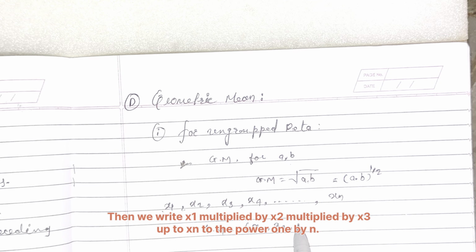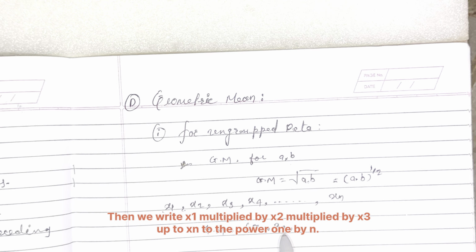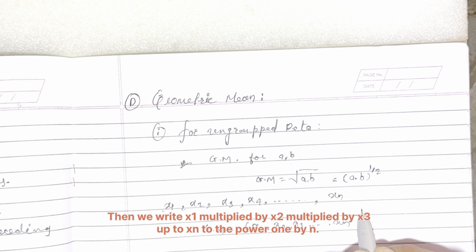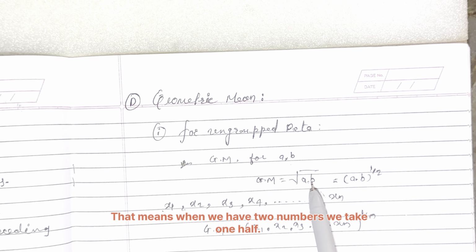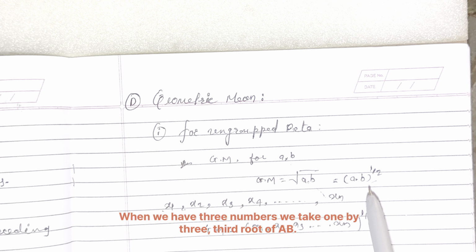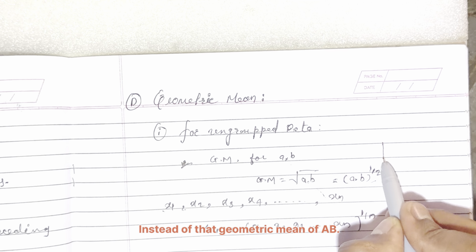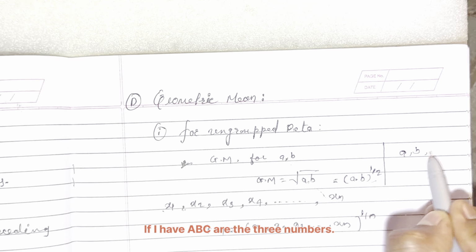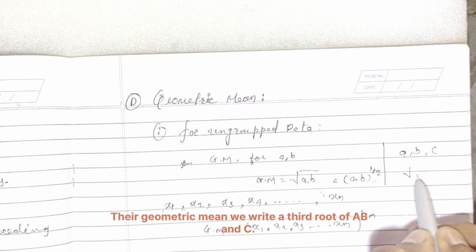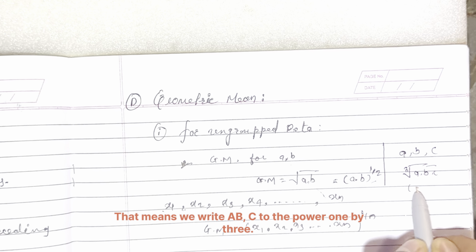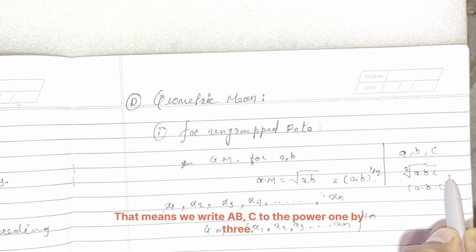We write x1 multiplied by x2, multiplied by x3, up to xn, to the power 1 by n. That means when we have two numbers, we take 1/2. When we have three numbers, we take 1 by 3, the third root. So if A, B, C are three numbers, their geometric mean is the third root of A, B and C, that is (ABC) to the power 1 by 3.